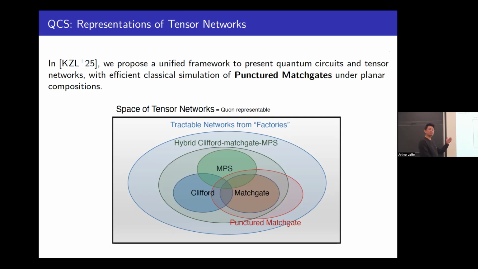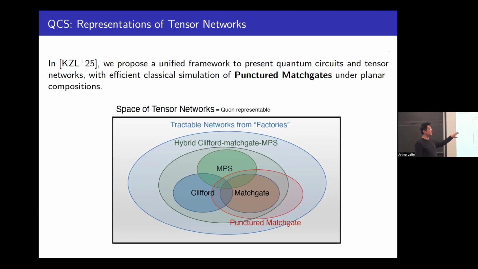In particular, this can be used to understand all kinds of universal sets of quantum circuits, so all interesting circuits are there. And then we can use that to understand the various matrix product states, also in mixed flavor, involved in the Clifford and match gates, which we know are classically simulable.